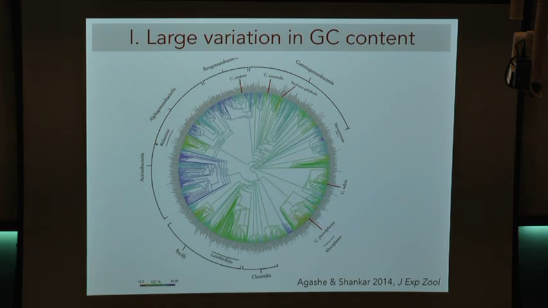So here's just a phylogeny of all sequenced bacterial genomes, and we've colored them based on a simple reconstruction based on Brownian motion of what the genomic GC content is likely to have been going farther backwards in time. Right? So at the tips are all our present species which we have genome sequences for.